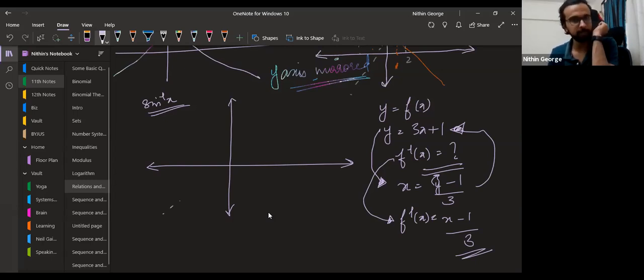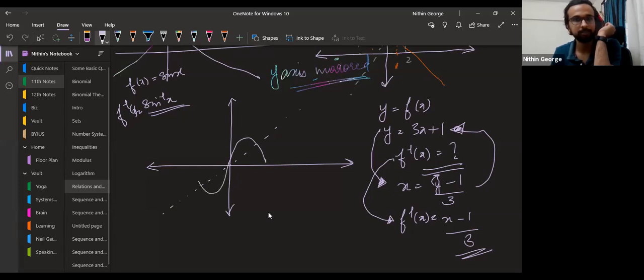But the point I was trying to say is that whatever graph you draw, suppose sin inverse x is the inverse function of f of x equal to sin x. The thing about sin x is that you go like this.